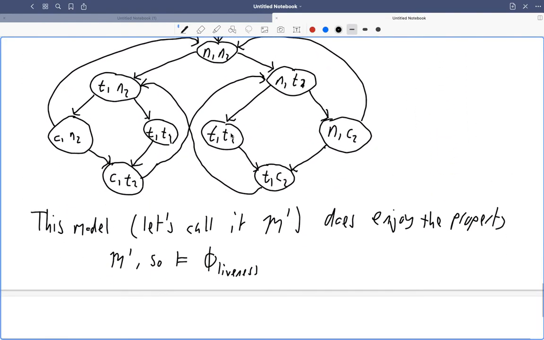And as an exercise, let me write it here. It's a very good exercise to convince yourselves of this, because you will get some feel for how tricky the model checking problem is. This is still a relatively simple example, but it's a good illustrative example. So convince yourselves of this.